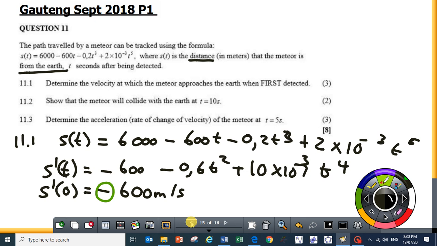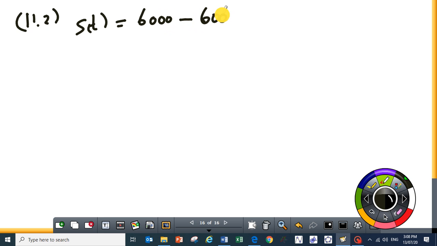Can someone just write it down? It's s(t) equal to 6,000 minus 600t minus 0.2t cubed plus 2 times 10 to the power of minus 3 t to the power of 5.